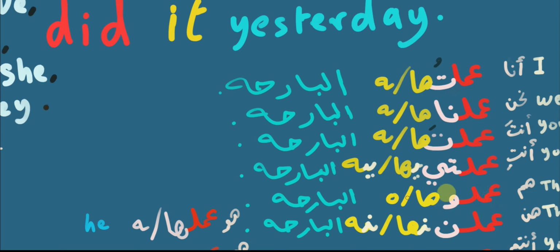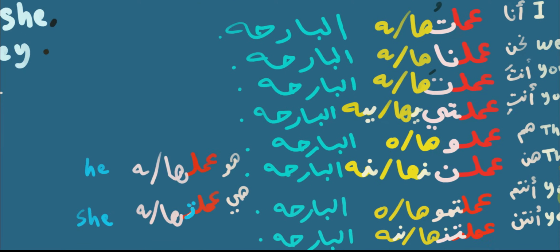عملوها البارحة, عملوه البارحة. If it's هن or they feminine, you say عملنها البارحة, عملنه البارحة. عملنها, this N is taken out. When you attach it, it looks like this.